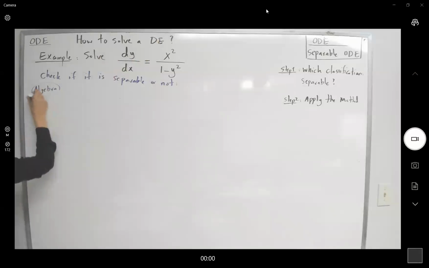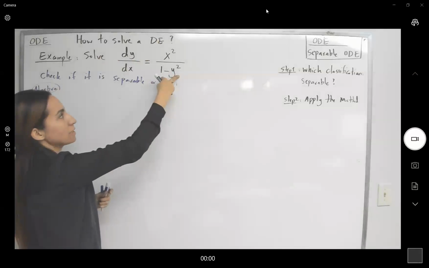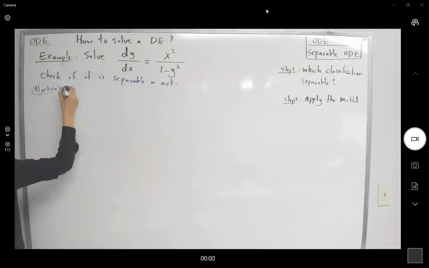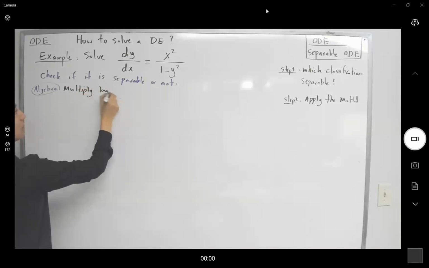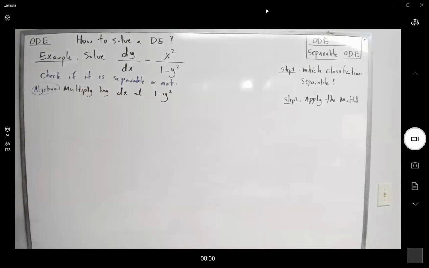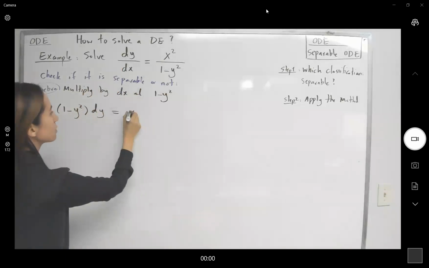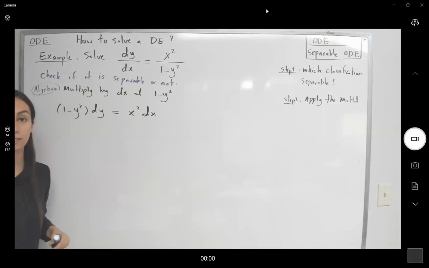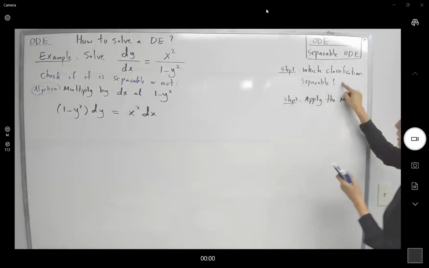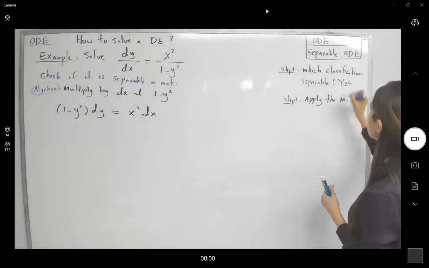Multiply both sides by dx and by 1 minus y squared. So what do we get? We get dy times 1 minus y squared equals x squared times dx. Is it separable? Yes, it belongs to the separable differential equation class.